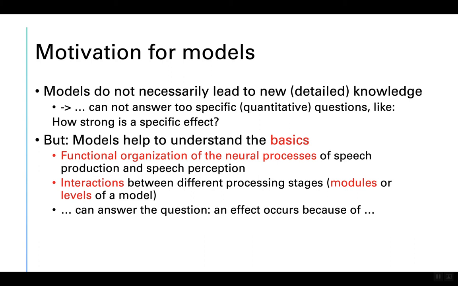That means models help to understand the basics, the functional organization of neural processes of speech production and speech perception. They can answer questions concerning how many interactions exist between different processing stages, that means between the modules or levels of the models. And first of all, in order to understand a process, in this case the brain function, it has to be organized in modules or levels. And then, last but not least, we can answer questions like this or that effect occurs because of this functioning we have seen during the development of the model.